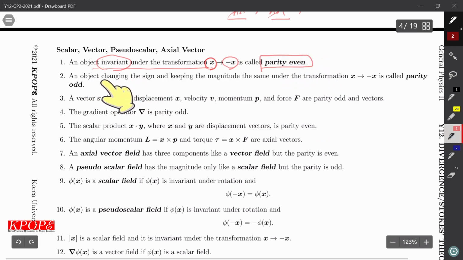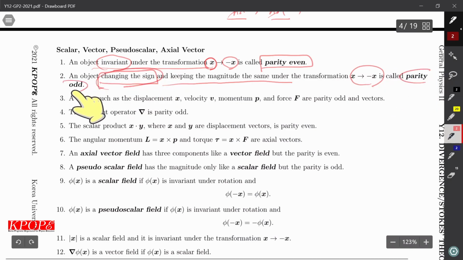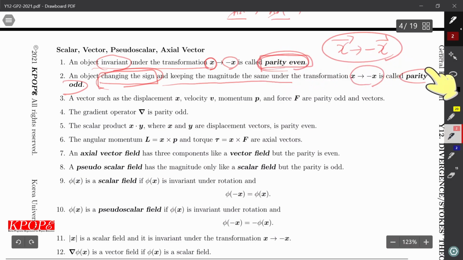An object changing the sign, keeping the magnitude the same under this transformation, is parity odd. For x replaced with minus x, if the result is the same, it is parity even. If the result is opposite, it is parity odd.